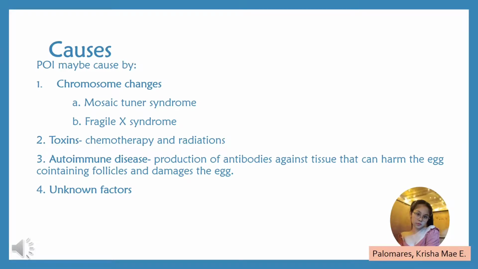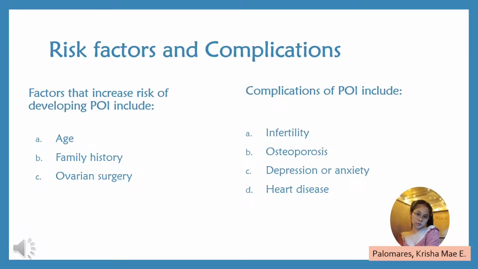Your immune system produces antibodies against your ovarian tissue, harming the egg-containing follicles and damaging the egg, and also some unknown factors. Factors that increase your risk of developing primary ovarian insufficiency include age, family history, and ovarian surgery.